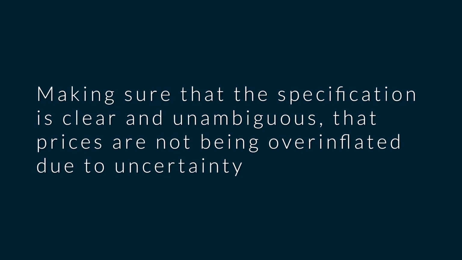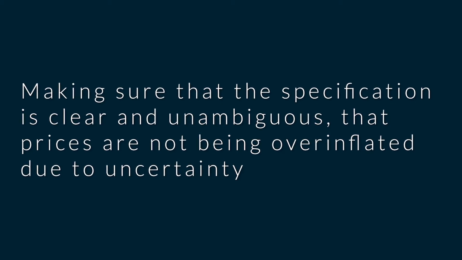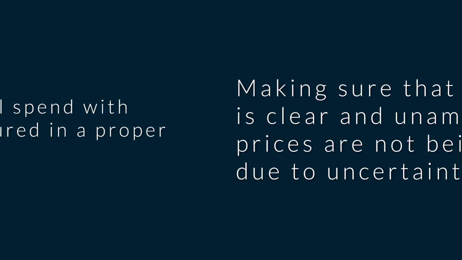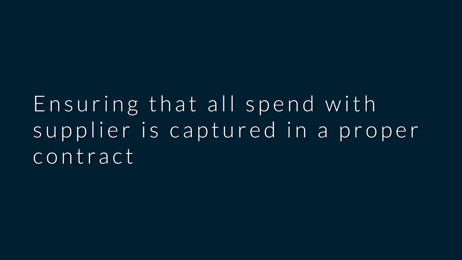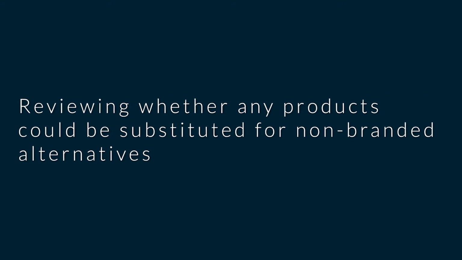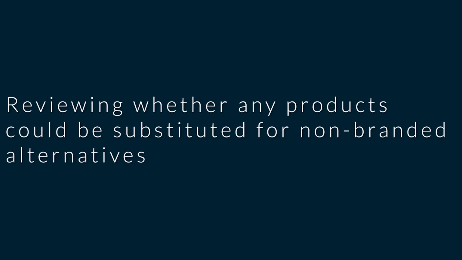Making sure that the specification is clear and unambiguous, that prices are not being overinflated due to uncertainty. And number 3, ensuring that all spend within supplier is captured in a proper contract. Number 4, reviewing whether any products could be substituted for non-branded alternatives.